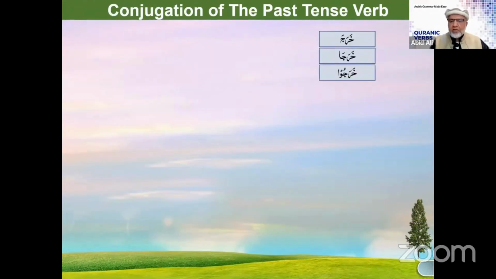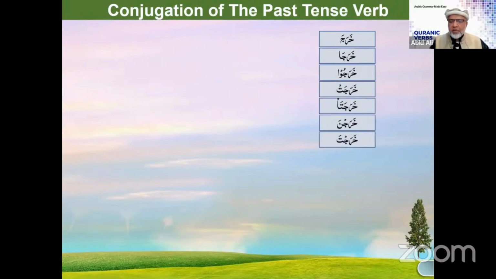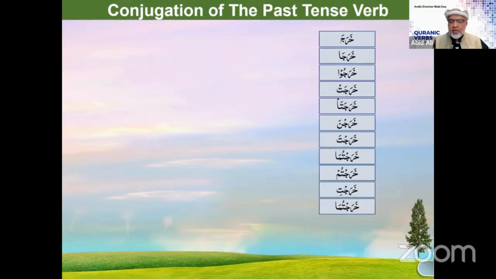So kharaja, kharaju, kharajat, kharajata, kharajna, kharajta, kharajtuma, kharajtum, kharajti, kharajtuma, kharajtunna, kharajtu, kharajna. What was the next one?